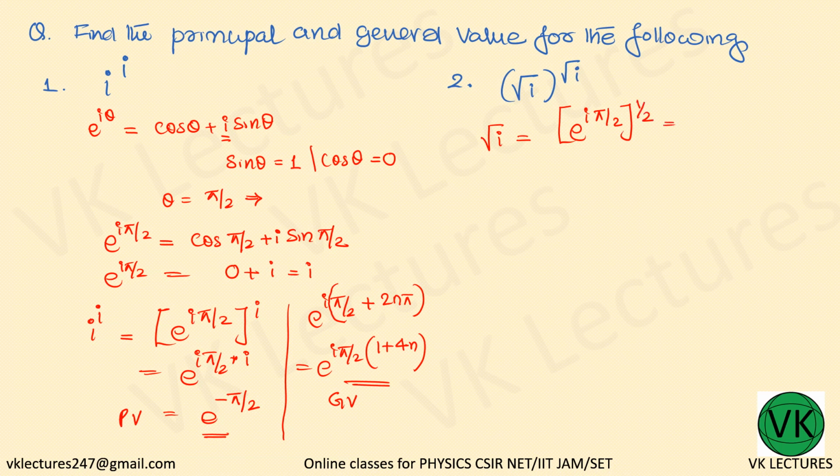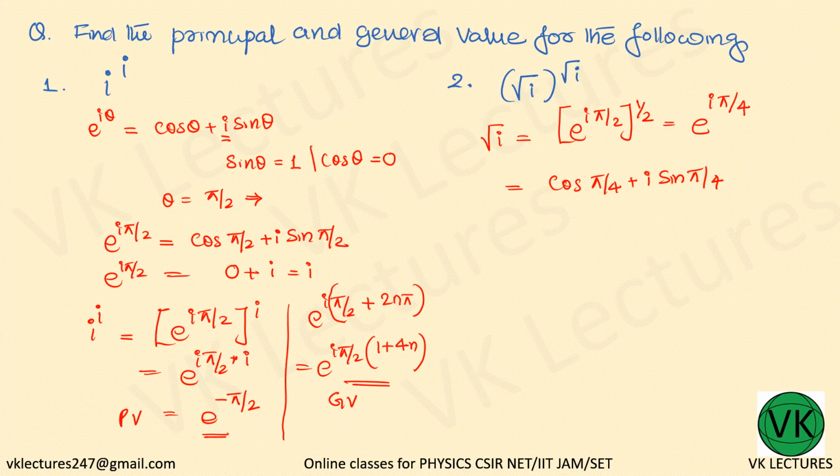This gives us e to the power i pi by 4, which is equal to cos pi by 4 plus i sin pi by 4.